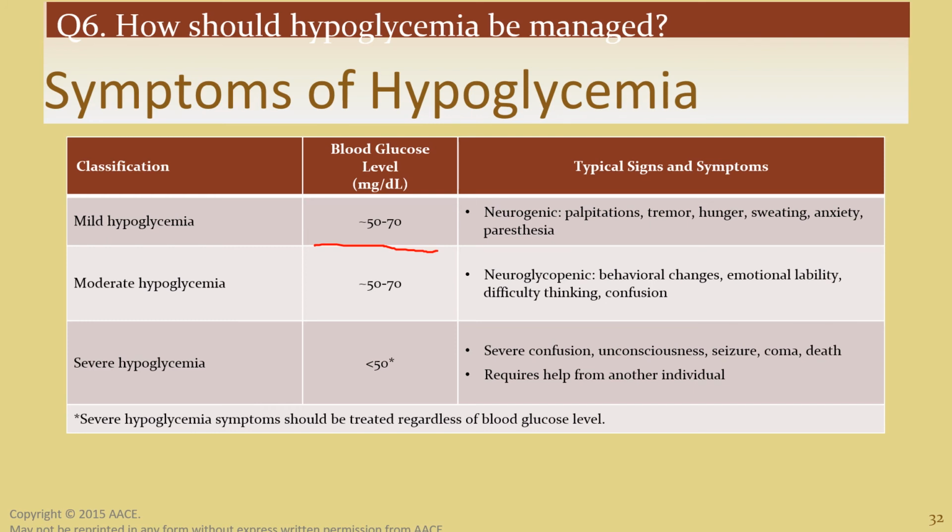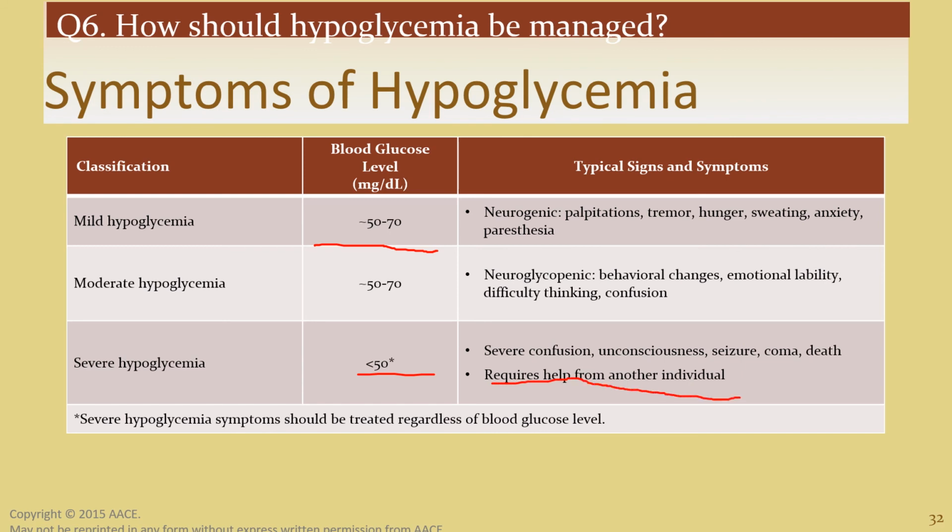Moderate symptoms, then they may have some behavioral changes, they may be emotional, be confused, have troubles thinking clearly. Below 50, then they're usually severely confused. They may be lapsing into unconsciousness, seizure, coma, or death.